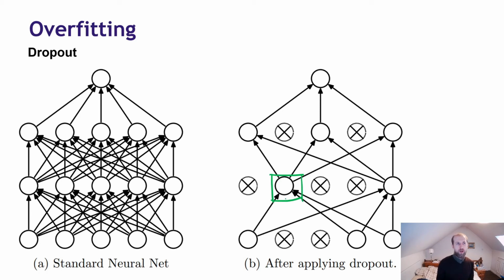So dropout is a regularization technique which stops the network relying on specific nodes, which can really help it to avoid overfitting.